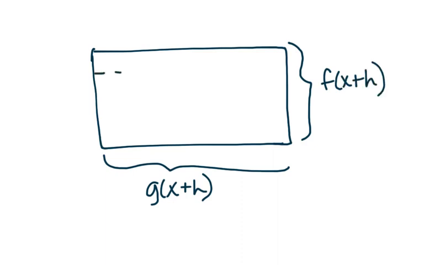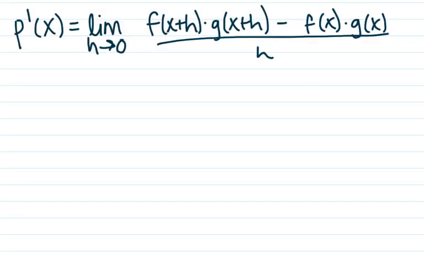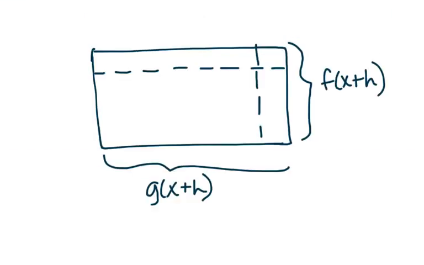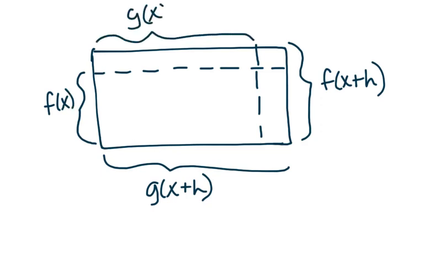And we're going to subtract a smaller rectangle area from it. This smaller rectangle area represents what we're subtracting, which is the area of f of x times g of x. So we'll call this smaller height f of x, and this smaller width g of x.